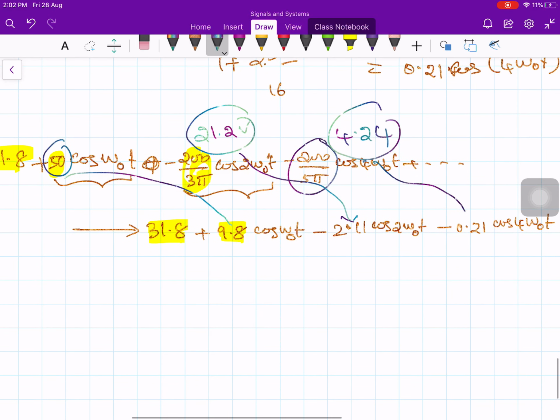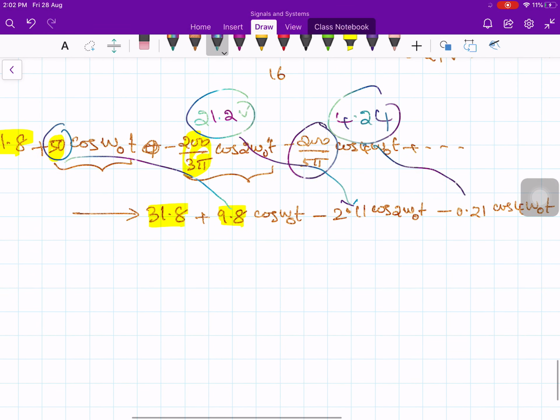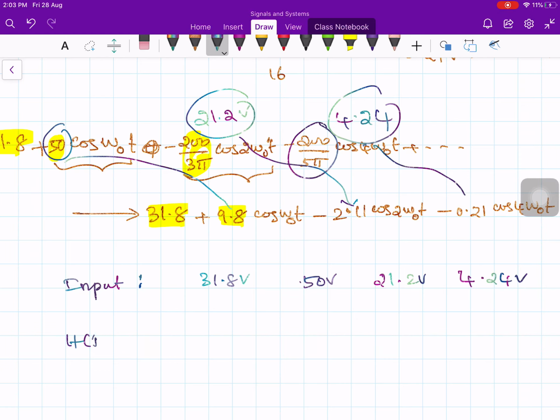If you want, we can put it in tabular form. The input is 31.8 volts, then 50 volts, 21.2 volts, 4.24 volts, then H of j n omega. Here n is equal to 0, n is equal to 1, n is equal to 2, and n is equal to 4. You can make a tabular column like this.